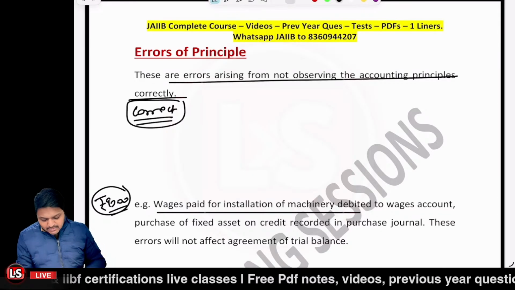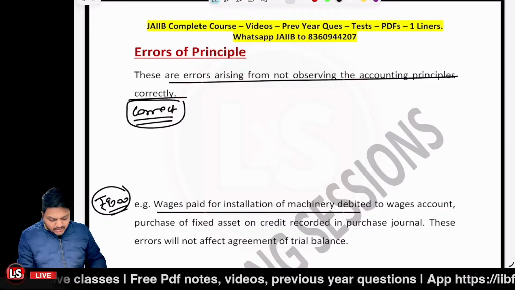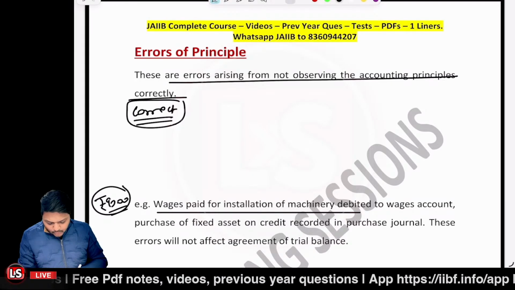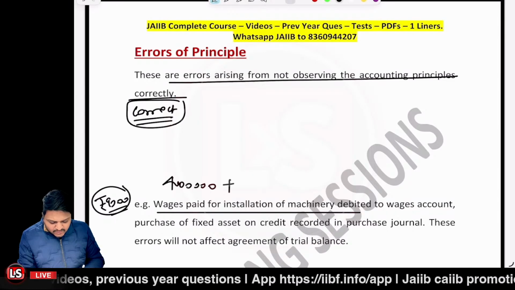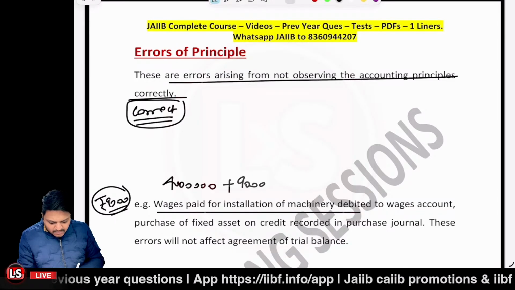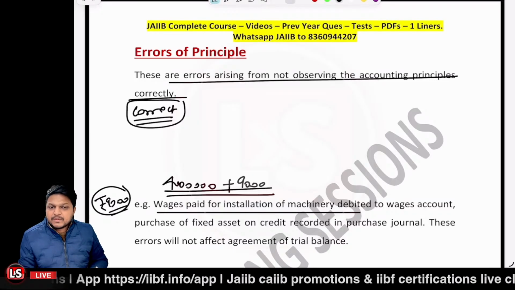Let's say we purchased a machine for rupees 4 lakh, and we spent rupees 9,000 for the installation, and for that purpose the wages were paid.